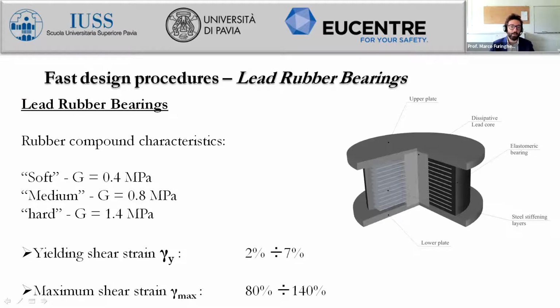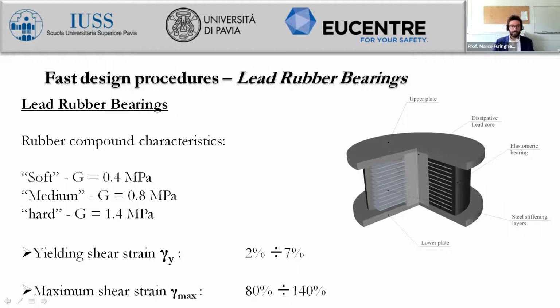And so again, we want to just briefly remind all the main parameters, which are maybe the same as for rubber bearings. We have just some additional parameters, which is the yielding shear strain, which is bounded between 2 and 7%, but we will discuss a little bit more in detail about this parameter.